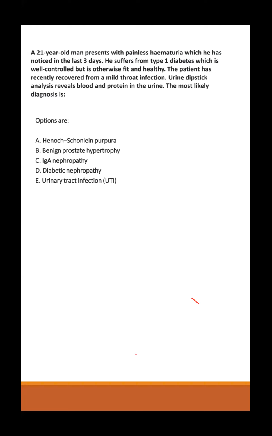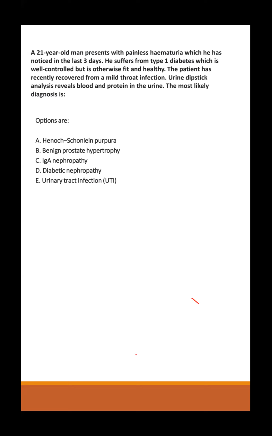I think the answer is IgA nephropathy. Why? What is the cause? There is a history of throat infection. So the painless hematuria may be due to the previous throat infection. In IgA nephropathy, there is a previous history of streptococcal or throat infection.